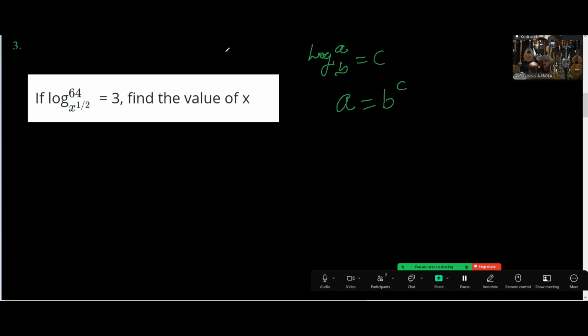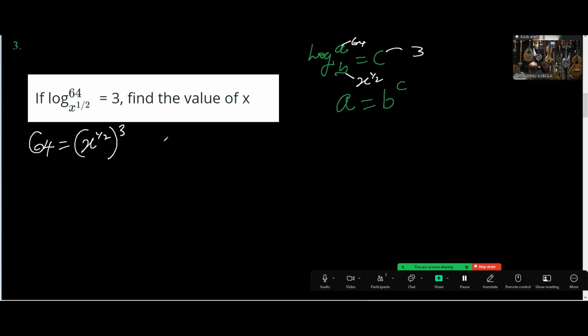So in this particular question, what's our a? A is 64. What's our b? B is x raised to power half. And what's our c? C is 3. So that means a will be equal to b raised to power c. So it means 64 will be equal to x raised to power half, also raised to power 3.